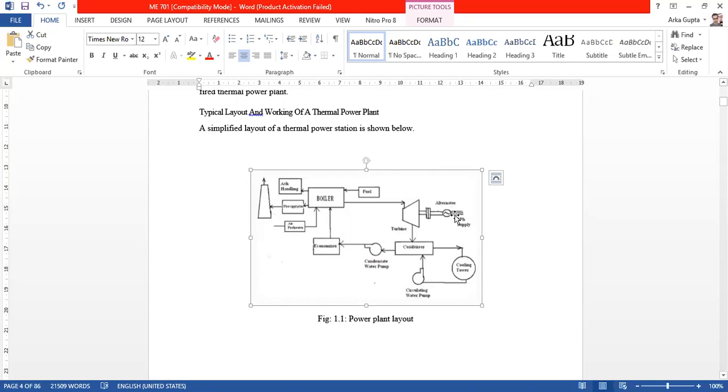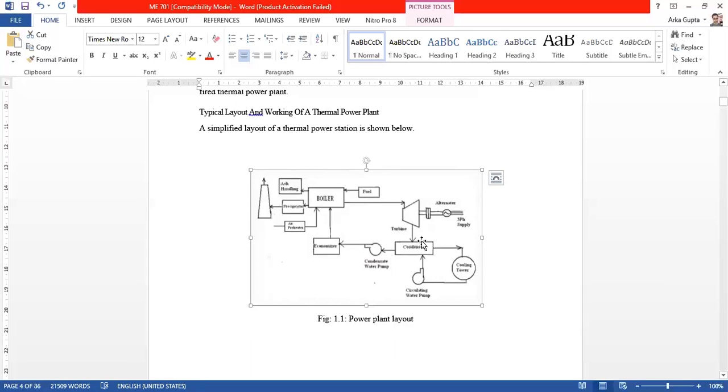So three-phase supply. Then after the turbine there is the condenser. Steam will come out from the turbine and will be condensed. After condensation it will become liquid again, and there will be a condensate with a water pump, and through it, it is pumped back to the economizer. The economizer generally preheats the water and it will be fed to the boiler again.